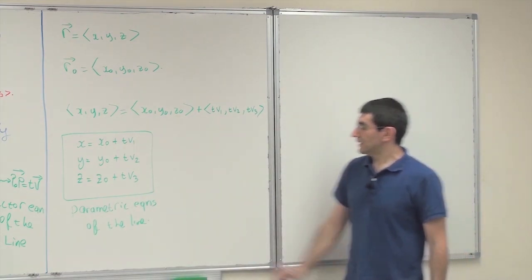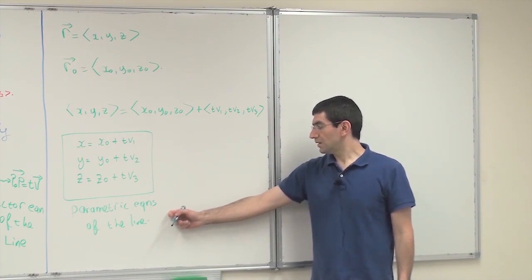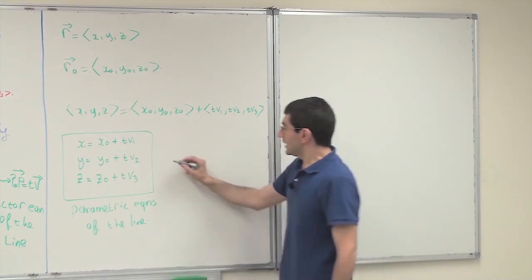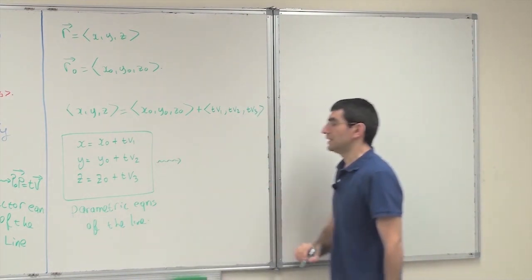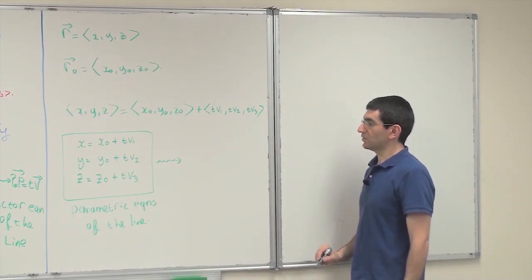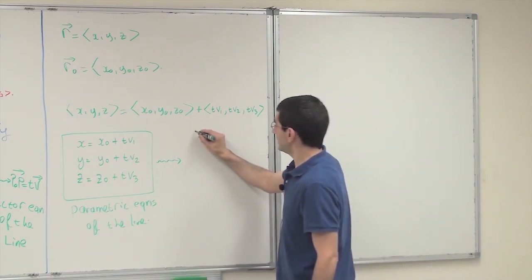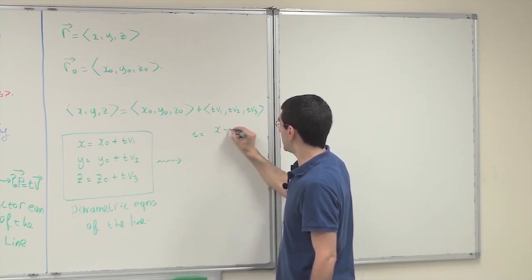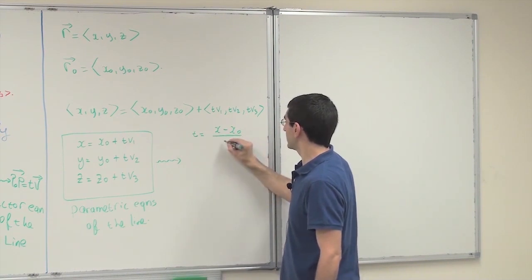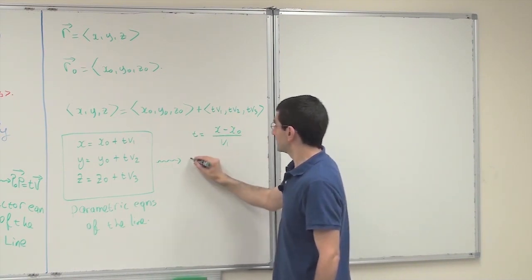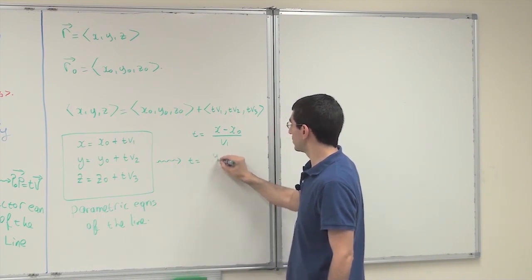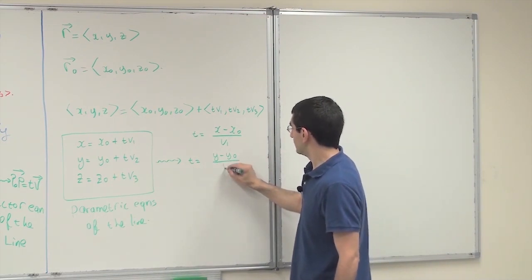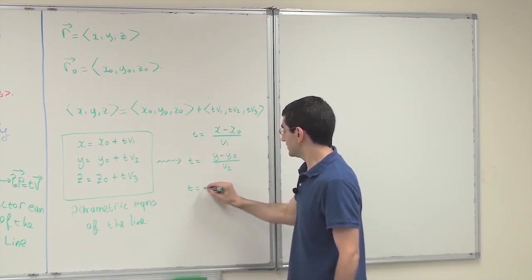Now, there is one more way of representing the line. If I solve each equation in these parametric equations for t, I'm going to have t equals x minus x naught over v1 from the first equation, t equals y minus y naught over v2 from the second equation, and t equals z minus z naught over v3 from the third equation.